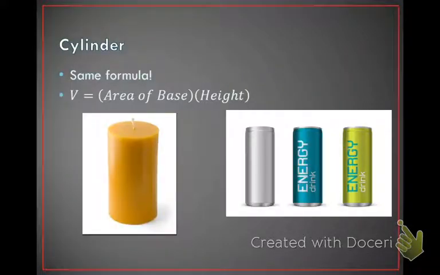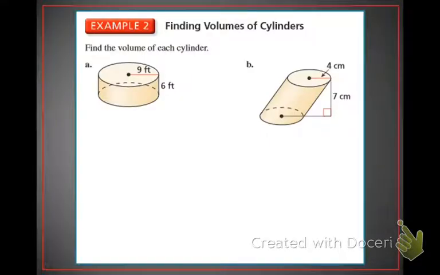So, we're going to do some problems like this. Okay, so letter A, if you don't know how to draw a cylinder, you're going to draw a pretty wide circle. Same exact formula. The second one just leans, like the leaning tower of Pisa. Have you ever seen it?